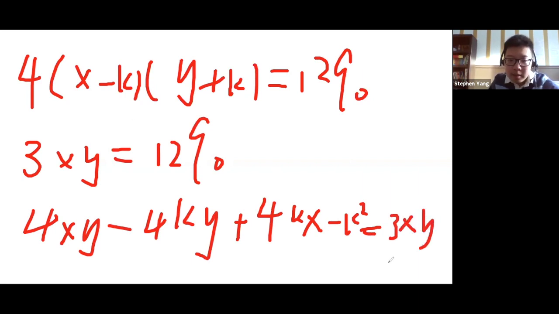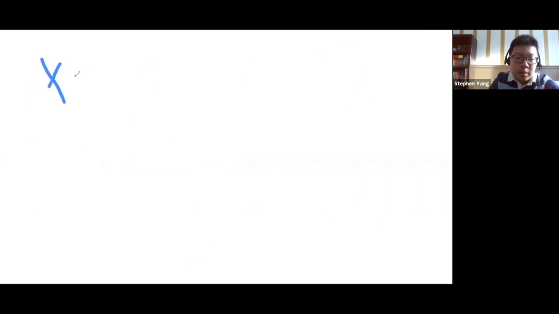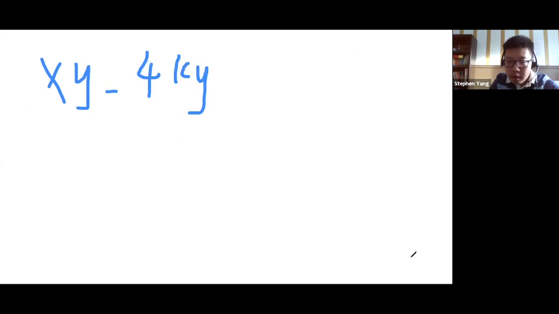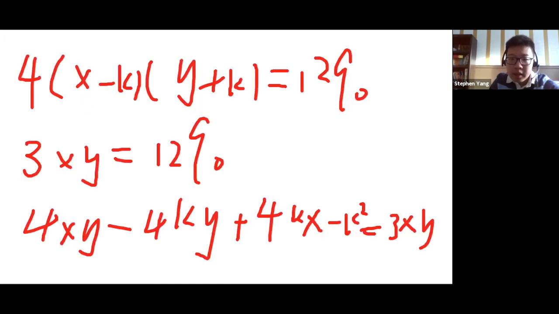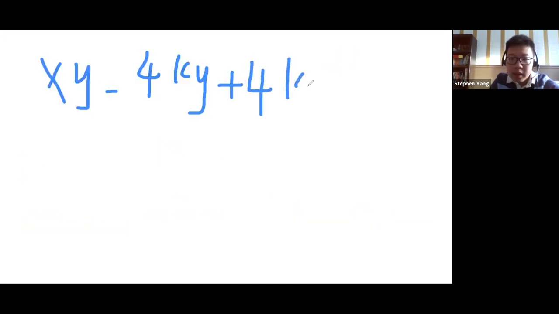And then simplifying this, you'll have XY minus 4KY plus 4KX minus K squared is equal to 0.